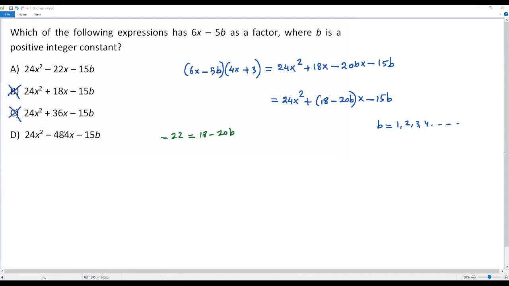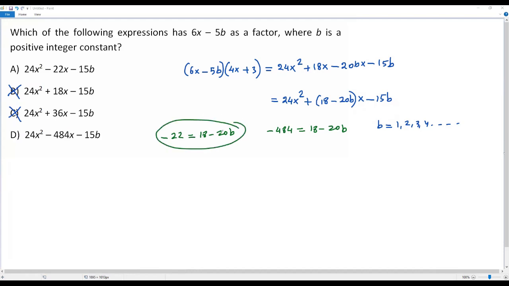We can do the same thing for the coefficient of x in answer choice D: this negative 484 has to be equated to the coefficient of x over here. Then I'm getting negative 484 equals 18 negative 20b. Now we have to solve for b in both these equations, and we have to consider the one where we get the value for b as a positive integer constant.